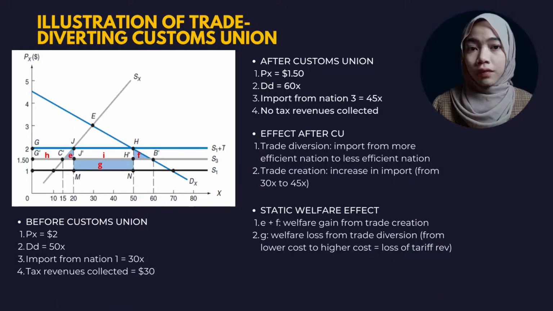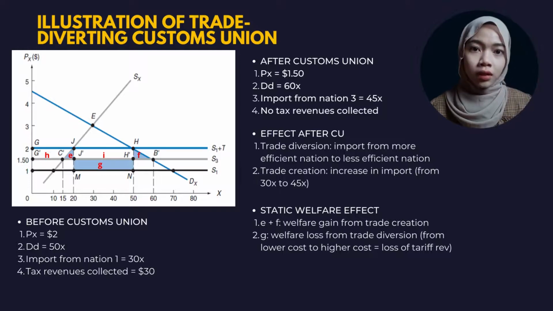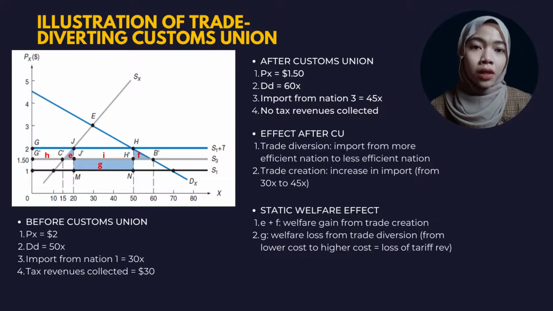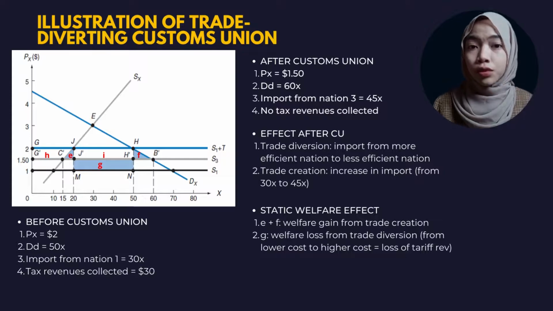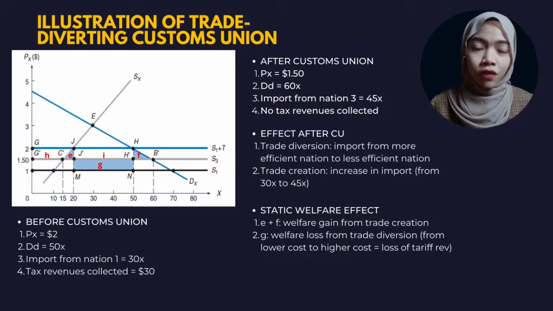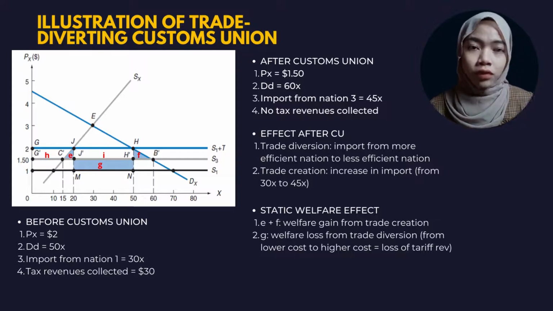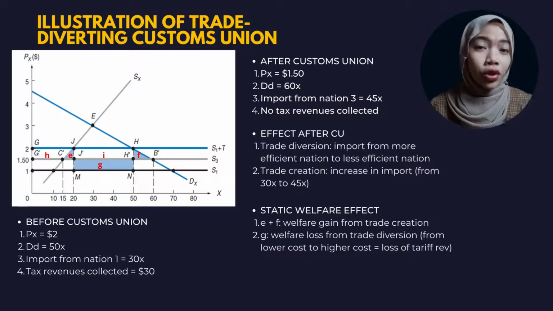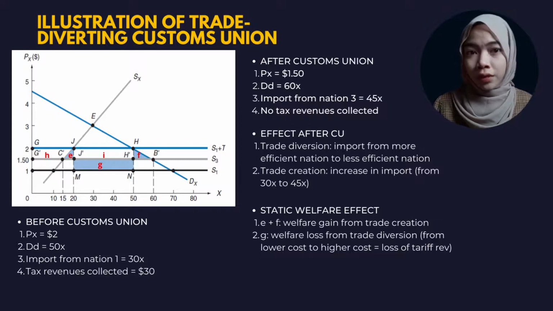A trade-diverting customs union results in both trade creation and trade diversion, and therefore can increase or reduce the welfare of union members, depending on the relative strength of these two opposing forces. The welfare of non-members can be expected to decline because their economic resources can only be utilized less efficiently than before trade was diverted away from them.